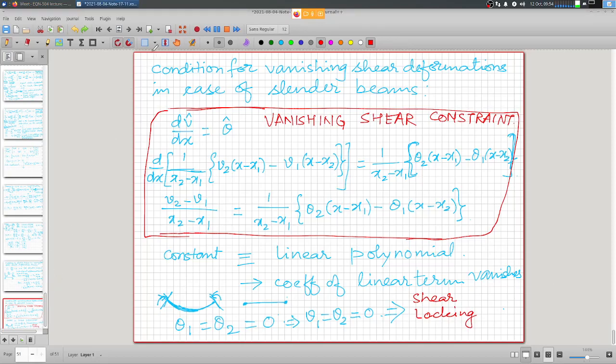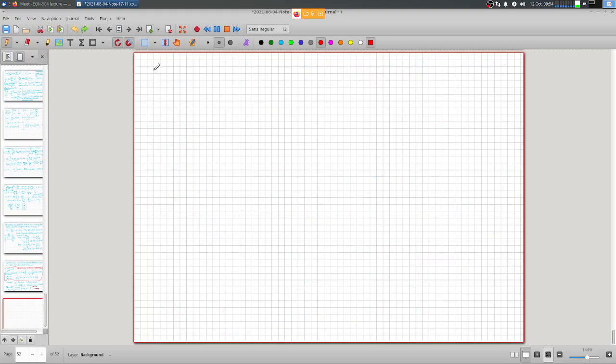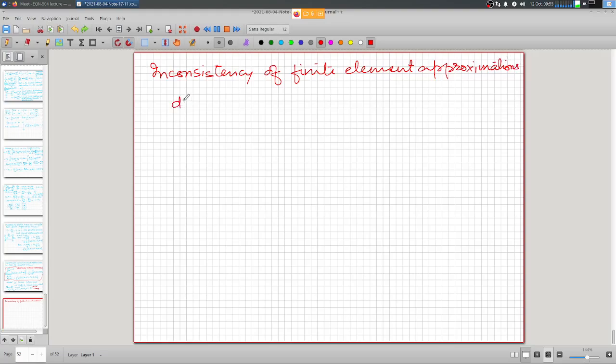So, inconsistency of finite element approximation: dv by dx equals theta.